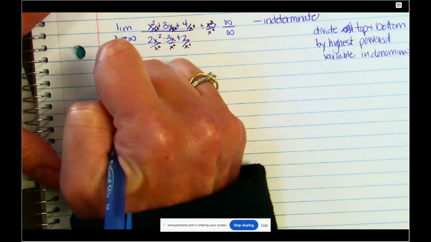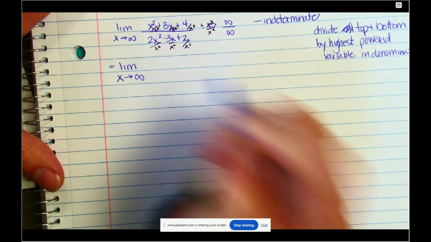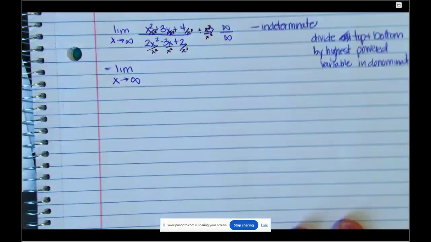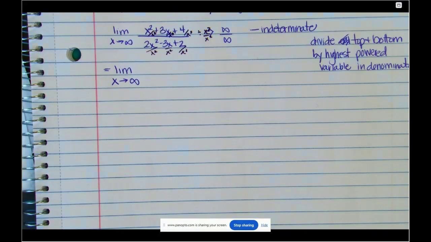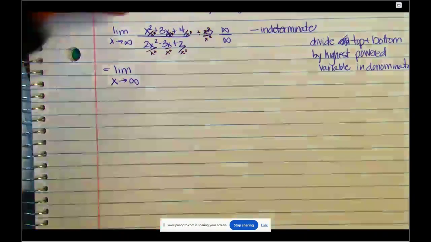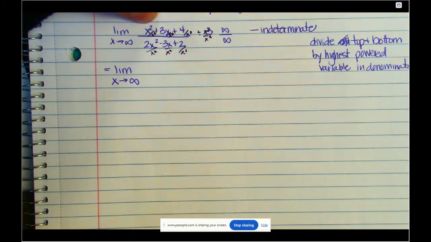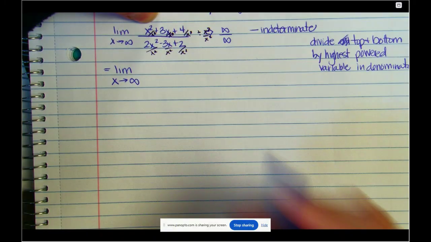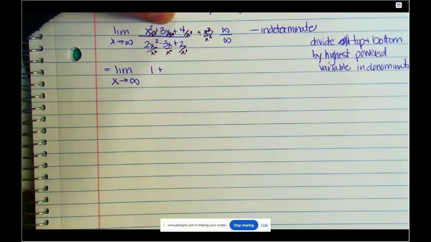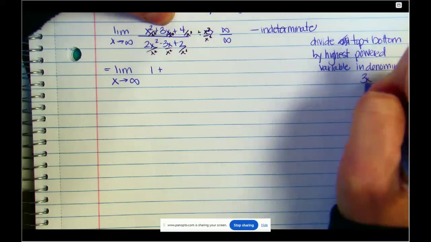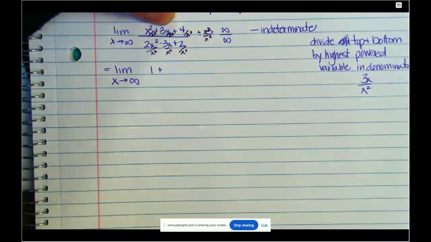Okay, now watch what happens. We are going to rewrite this because there's no factoring, there's no expanding. The only quote unquote work piece is to divide the pieces by x squared. So what is x squared divided by x squared? 1. Okay, this is a little review of exponent stuff, but if you have 3x divided by x squared, what's that equal to?